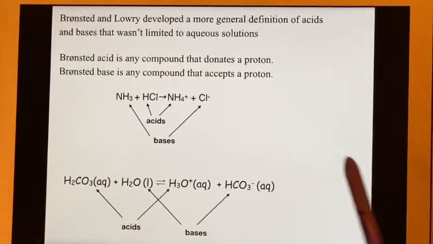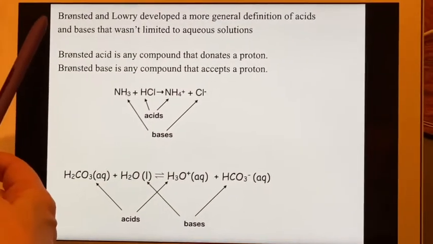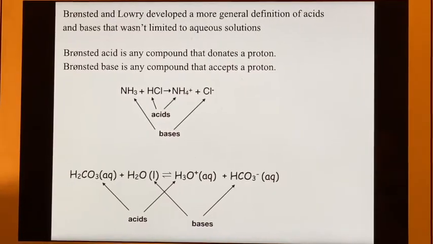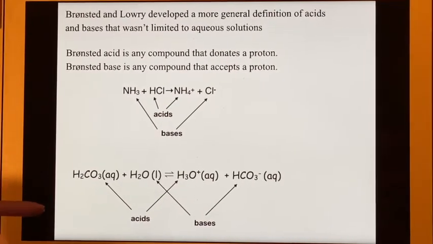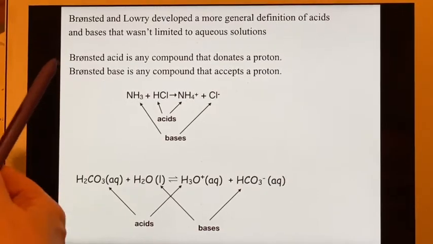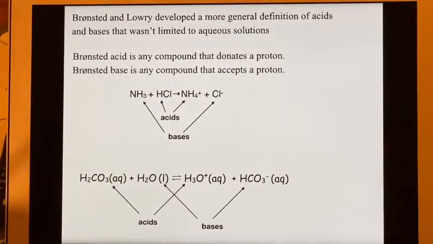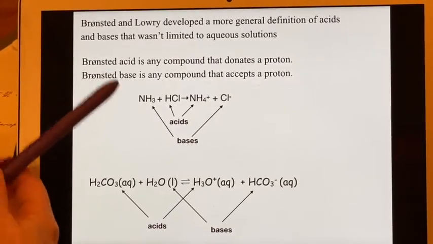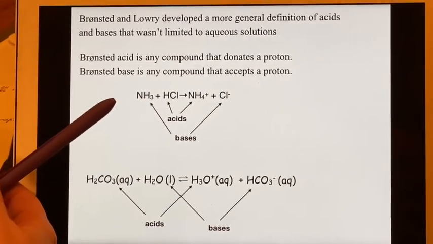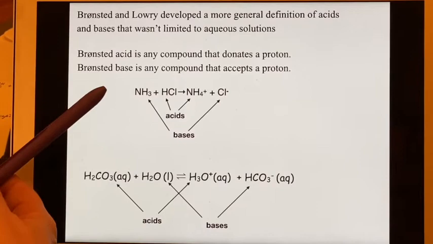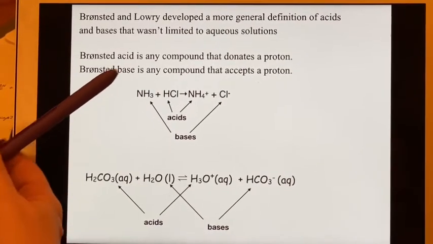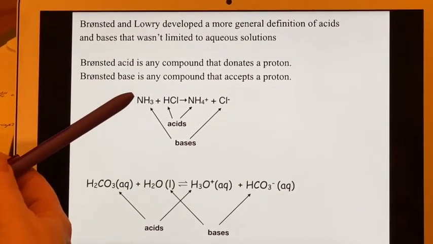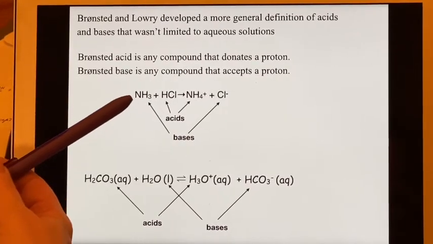So in the next century, Brønsted and Lowry came up with a somewhat more general definition of acids: a Brønsted acid was any compound that donated a proton. That fits perfectly well with the Arrhenius definition of an acid, because that was donating H+. Well, what is an H+? It's a hydrogen ion.